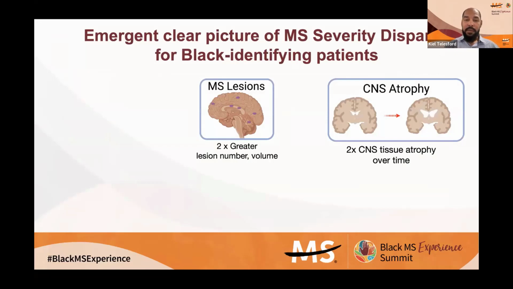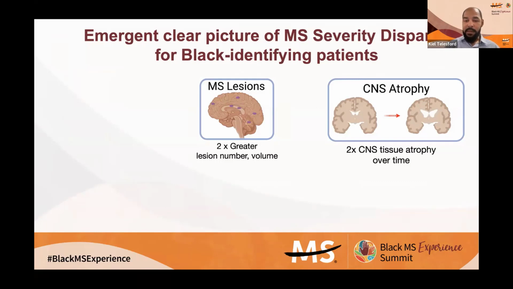So over time, when we combine the understanding of what is MS and how it manifests in the brain with ethnicity and who gets MS, we've realized through multiple studies over the past 25 years or so that there's this severity disparity among Black African diasporic identifying patients.